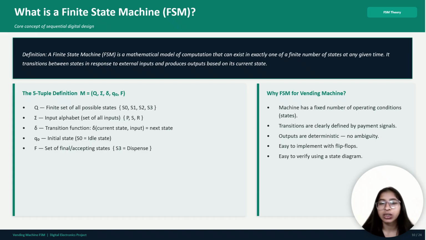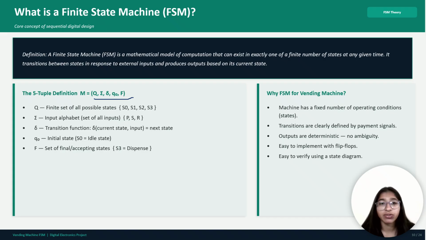When it receives an input, it may change from its current state to a new state. This change is called a transition. The machine also produces an output which depends on its state. Mathematically, an FSM is defined as a 5-tuple, which is M equals (Q, Sigma, delta, Q0, and F).